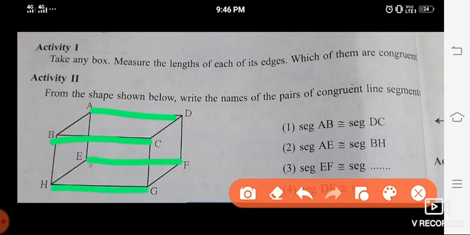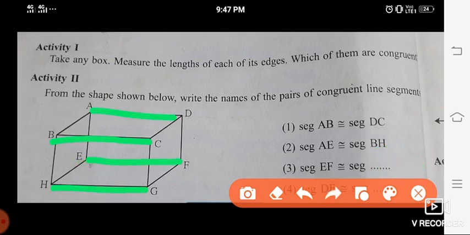So from this any one you can write with EF. With EF, from the remaining 3, any one you can write: AD, or BC, or HG. Any one segment you can write as an answer.